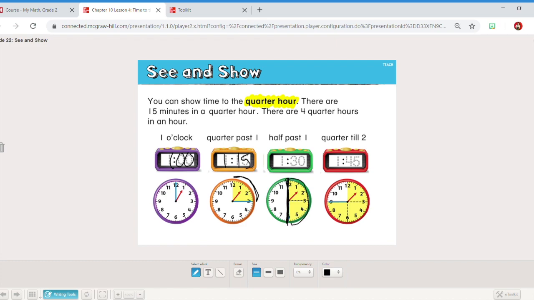It's 1:30. And a quarter till 2 means you have 1 quarter left until you make it to the new time. So you've gone 3 quarters around the clock. 1:45. So make sure you're paying attention to past and till so you don't get switched up. Past means a quarter past that hour, so 15 minutes, and till means 45.